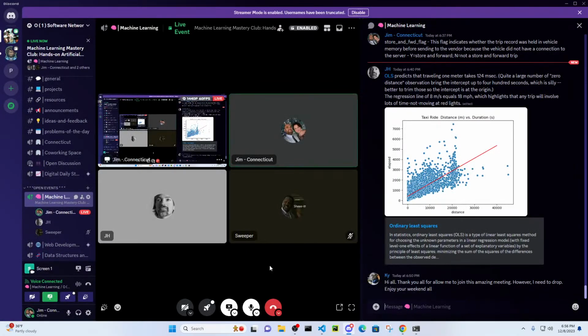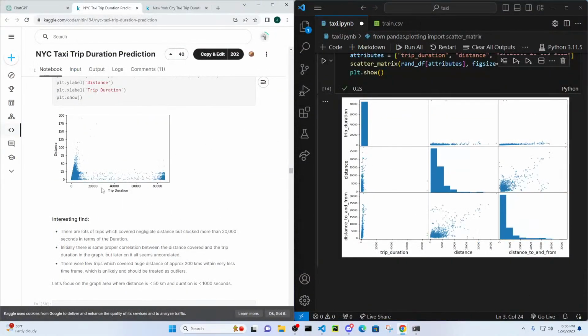Yeah. Cool. Yeah, so you basically just took this little chunk right here, right? That's correct, and flipped it. Yep. About the y equals x axis. Yeah. Cool. So there are lots of trips which covered negligible distance but clock more than 20,000 seconds in terms of duration.